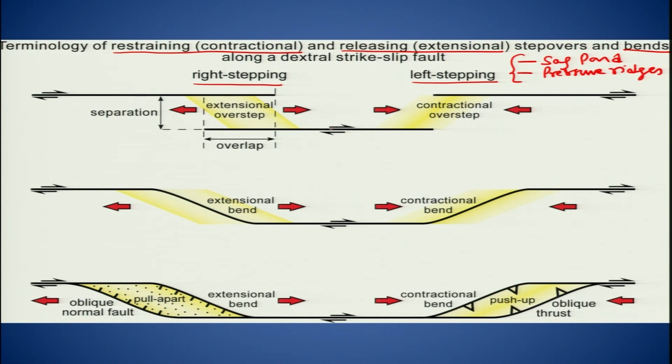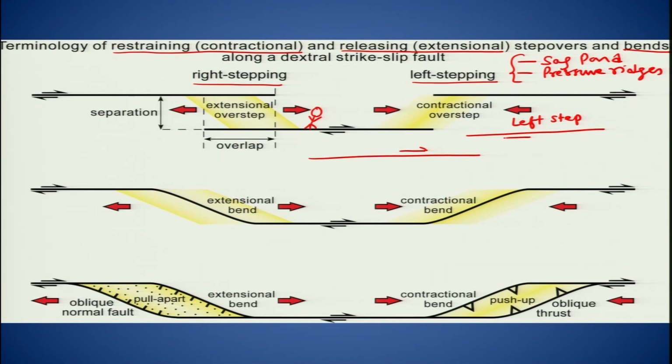So if you take this as a principal fault here and then step over to your left, so you are standing somewhere here and looking at the fault. See, you have the fault running like that and then stepping to your left. Okay, so left stepping, and you have the movement taking place over here like that.